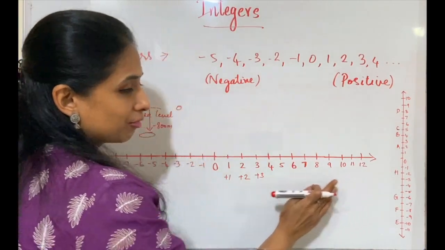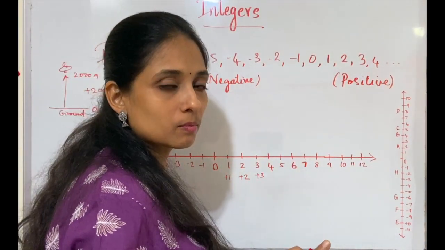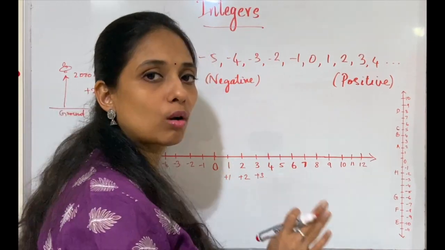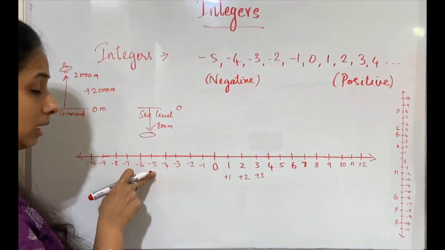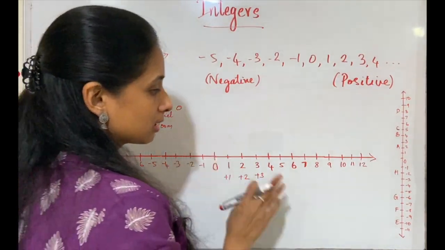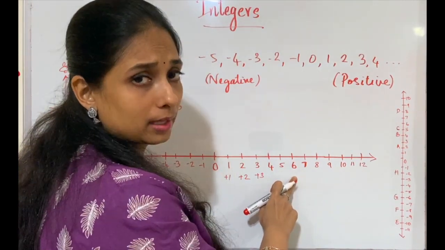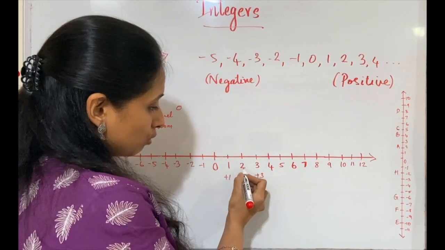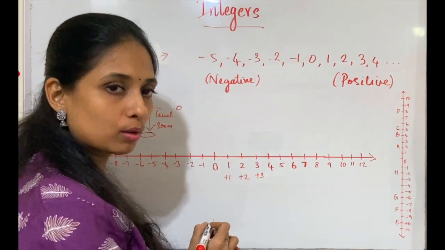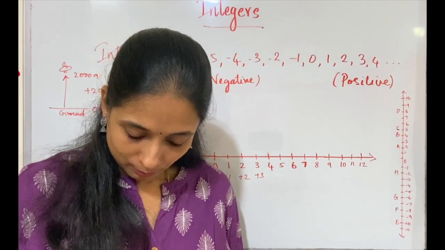In case of positive integers, we don't say plus 3, we only say 3. So if I say 5, it is always plus 5. If I say minus 5, it is a negative integer. If I just say 6, then it is on the right side and it's a positive integer. So 1 is plus 1, 2 is nothing but plus 2. Always remember that.